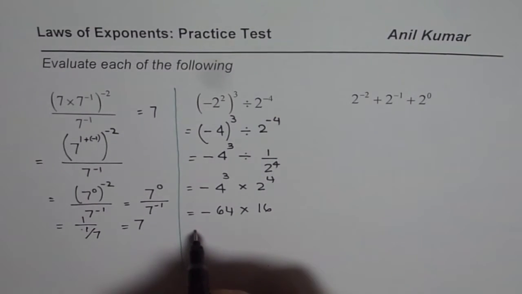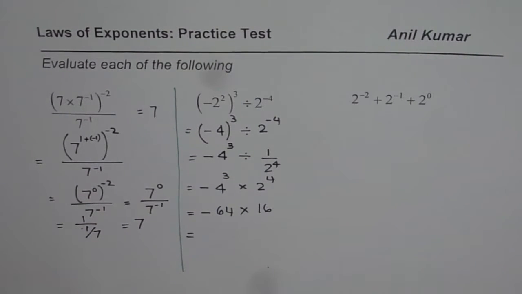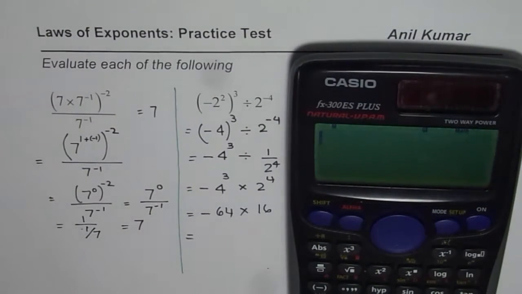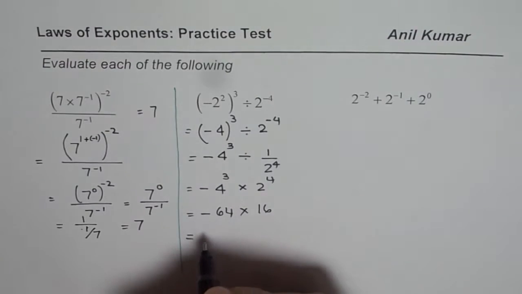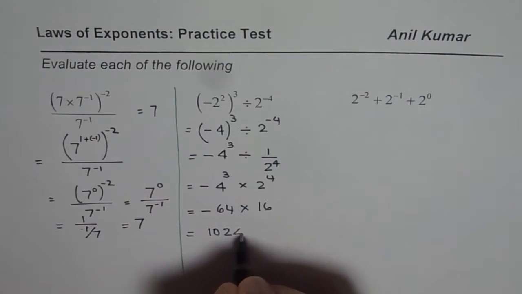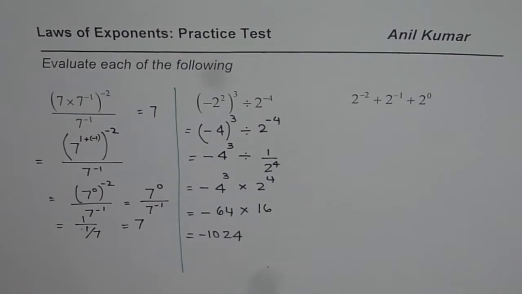So you multiply 64 and 16 to get the answer, which is 1024, with a negative sign. You get it? So that is how we could answer this particular question.